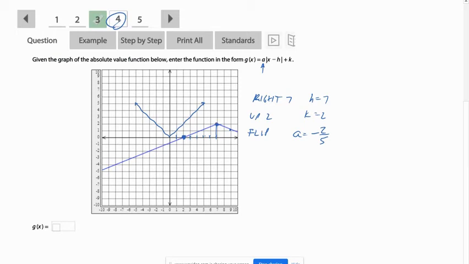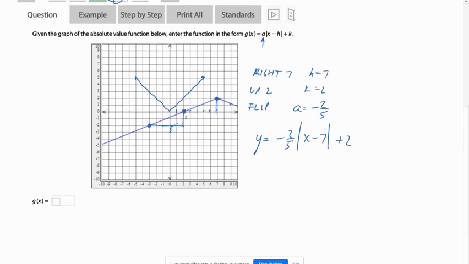So I used these 2 points to come up with that slope. We can check it again at another point where it crosses right on grid lines. So that slope is down 2 and over 1, 2, 3, 4, 5. So that does match. So then our equation is going to be y equals negative 2/5 absolute value of x minus 7 to create the horizontal shift of 7, and then up 2 to shift it up 2. And that should be the answer that they're looking for.